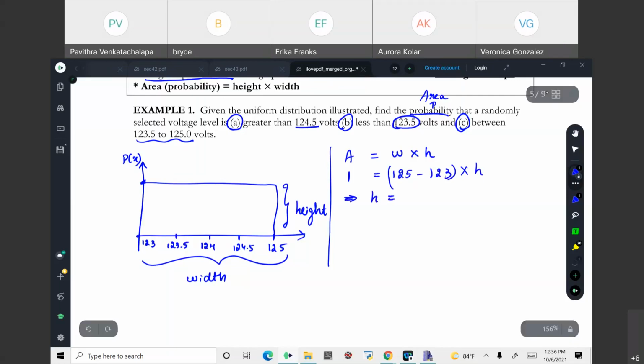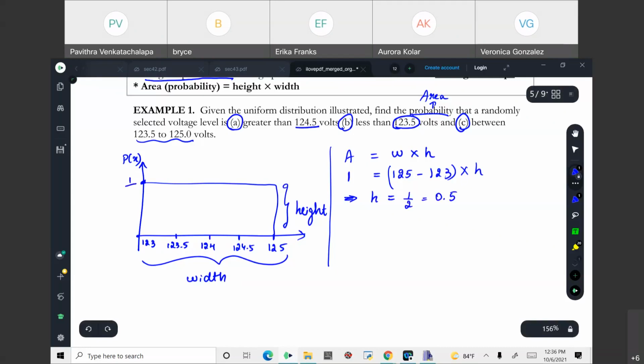Height of this big rectangle. What is the height? Half, which is 0.5. Okay.